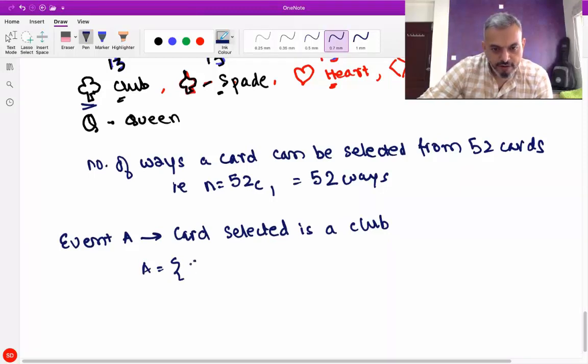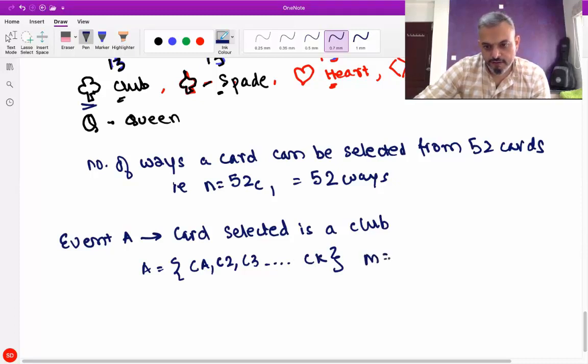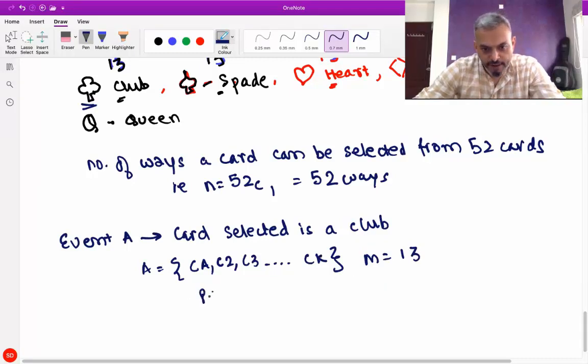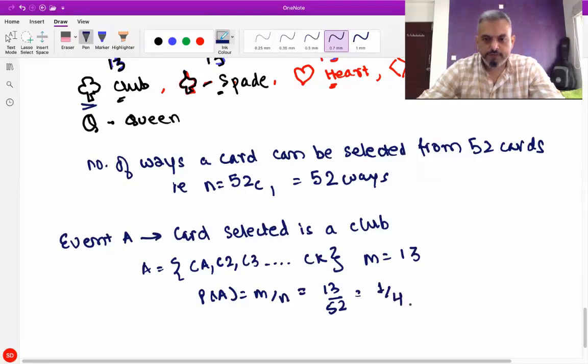We will have club of ace, club of 2, club of 3. It goes up to club of king. So M is equal to 13. So club wale cards are 13. So probability of A is equal to M upon N, which is 13 by 52, which is 1 by 4.